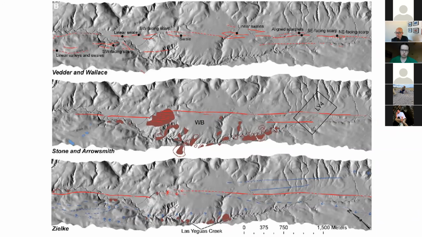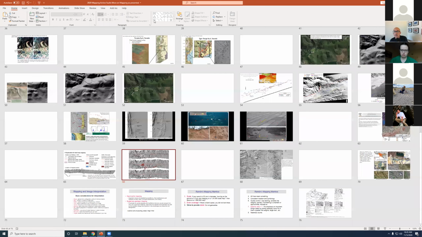Then you see these blue lines in the bottom. We don't know how well they are supported, but at least we know they're not as confident because they're indicated as such. I could talk all day on this, so I'll stop, but thanks for the chance to share, and hopefully that's useful. Thank you, Ramon.